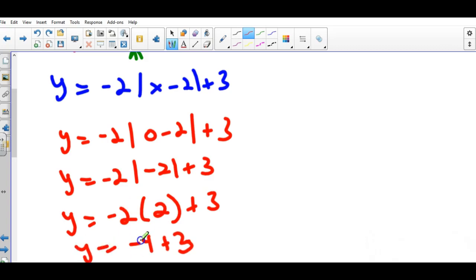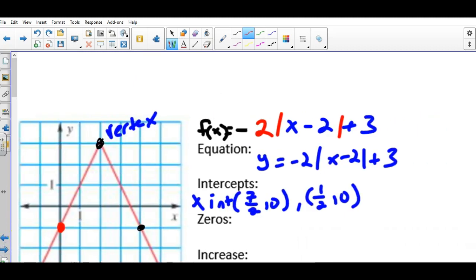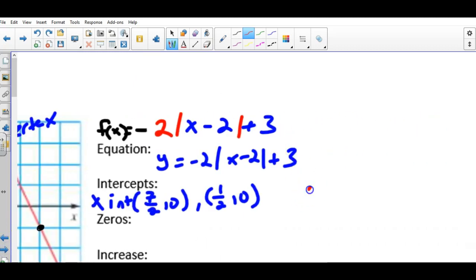Negative 4 plus 3 is going to be negative 1. So our y-intercept is going to be (0, negative 1). So we go ahead and add that to our worksheet as well. And this will be our y-intercept.